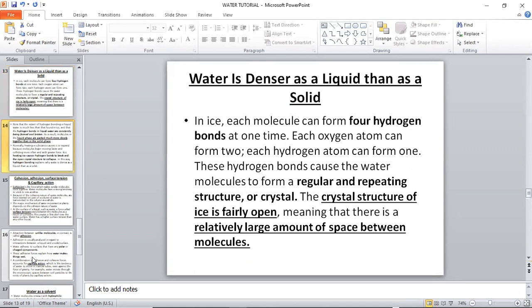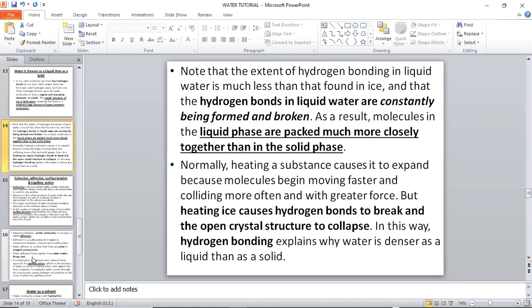The extent of hydrogen bonding in liquid water is much less than that found in ice, because the hydrogen bonds in liquid water are constantly being formed and broken. So the liquid state of water cannot form the maximum number of hydrogen bonds, which is 4, because the bonds are constantly being broken and formed, which is not the case in the solid state.